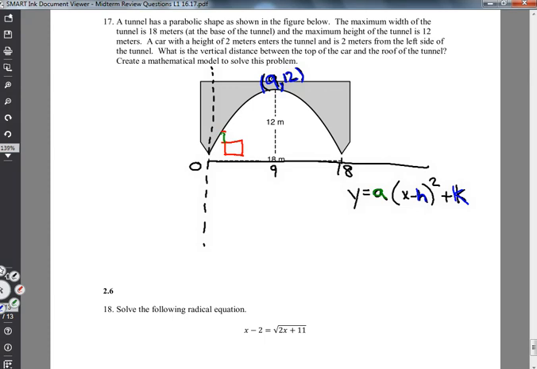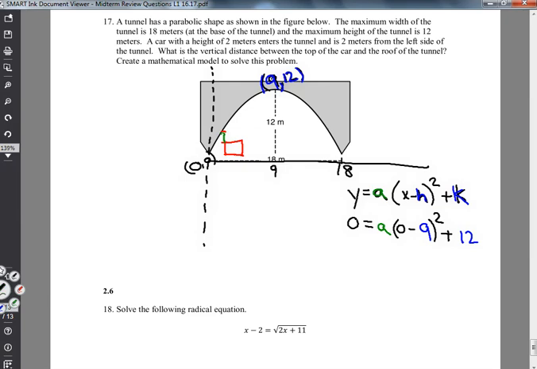Okay, so I know what H and K are: 9 and 12. And I also know an X and a Y. I know that it goes through 0, 0, so I'm going to use the easiest point possible. So for X, I'm going to put in 0. For Y, I'm going to put in 0. So the only thing I do not know is what the vertical stretch is, and I'm going to figure that out.